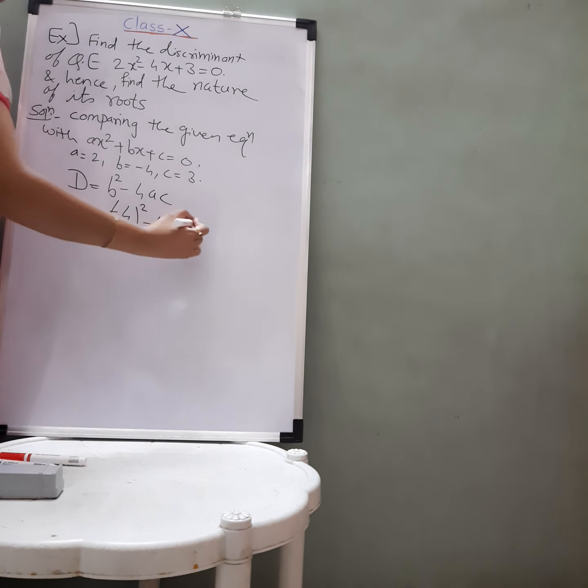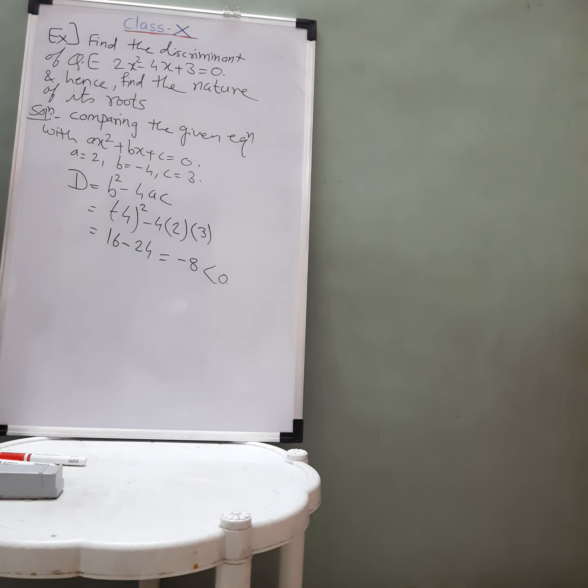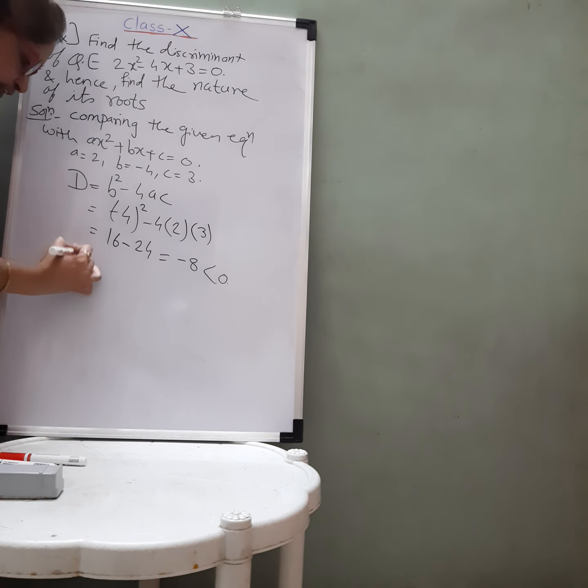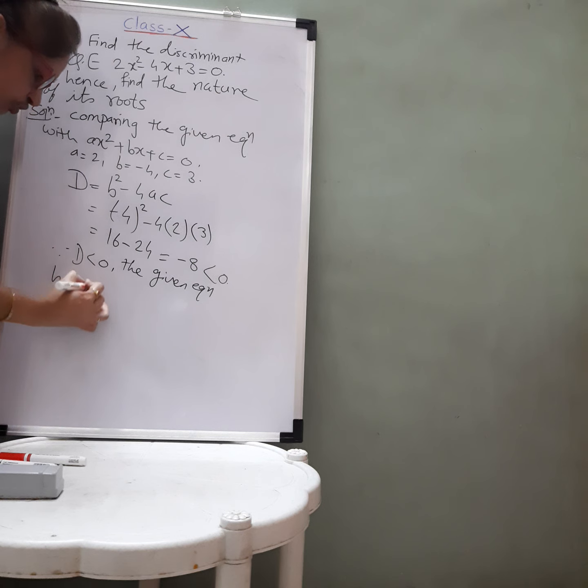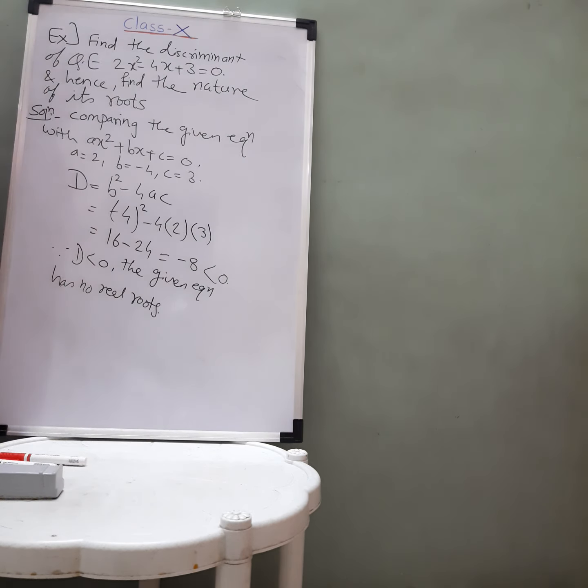It will be 16 minus 24, so it will be minus 8. Since it is less than 0, the given equation has no real roots. I think all are clear.